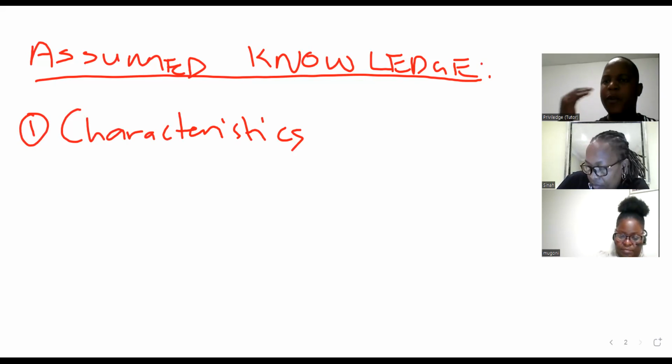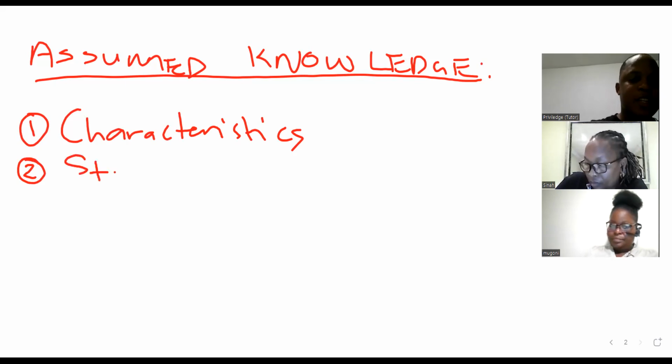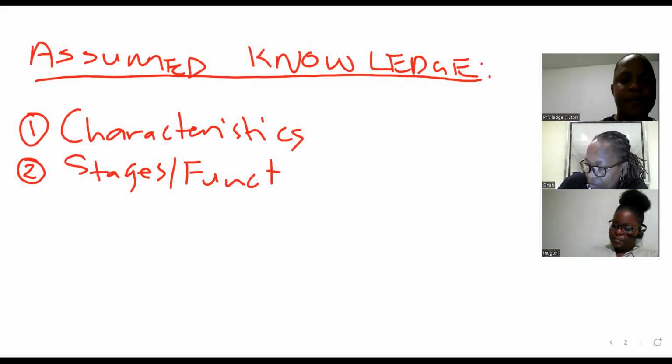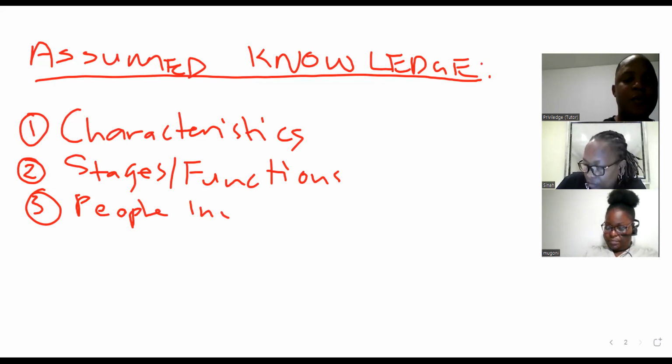What distinguishes the inventory and production cycle from any other business cycle? Secondly, you need to know the stages in that cycle or functions within the cycle. Thirdly, if you know stages and functions, you should also be able to recognize the people involved.